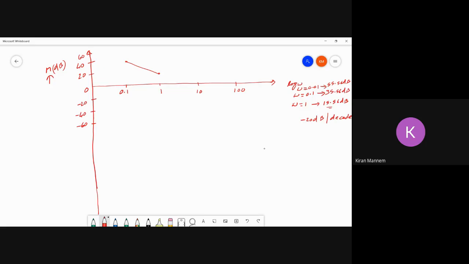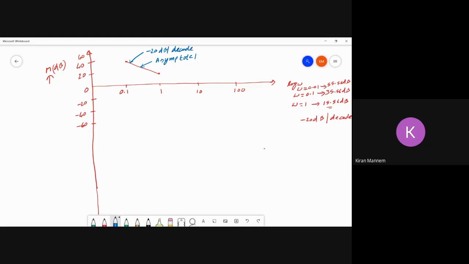This is your minus 20 dB per decade line, right? So I can also say this is asymptote 1. This is the first straight line with slope minus 20 dB per decade.